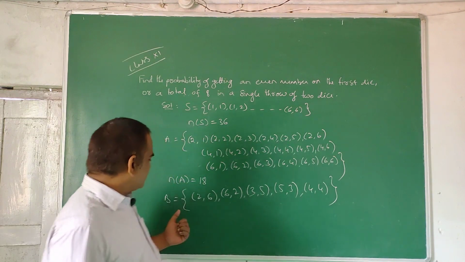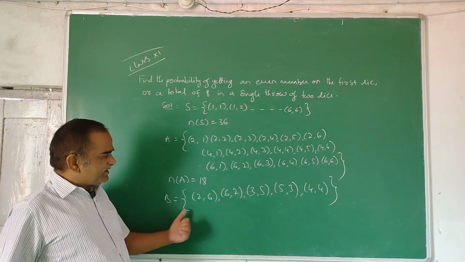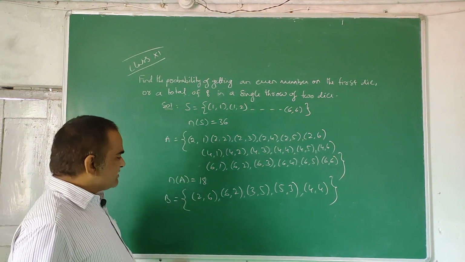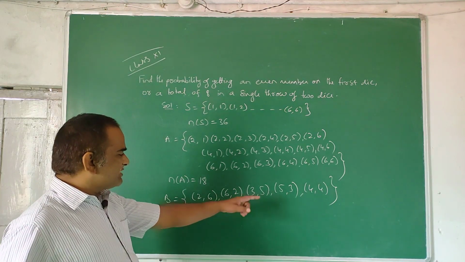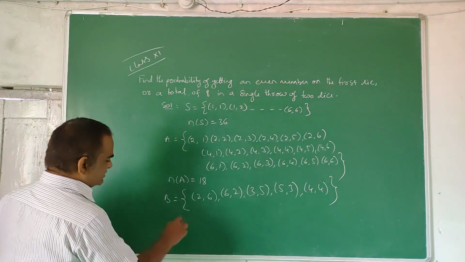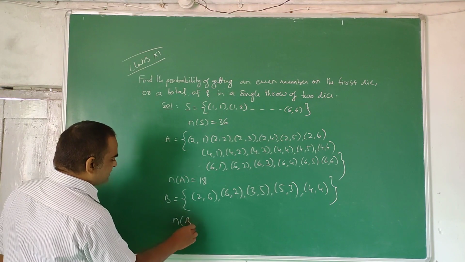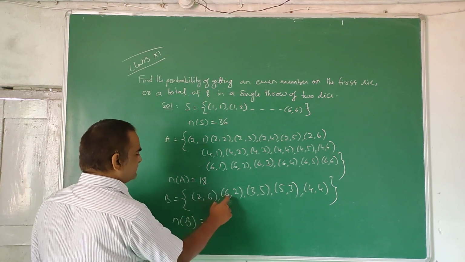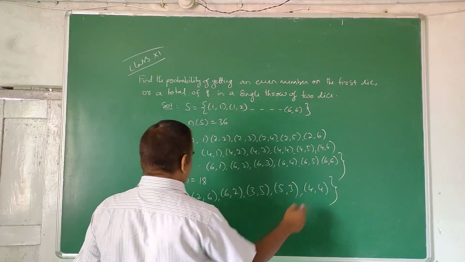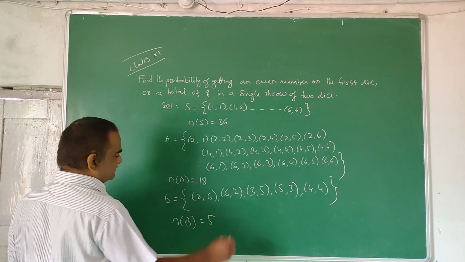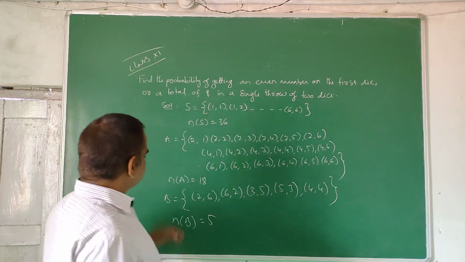These are the favorable outcomes for B. So n of B is equal to, how many are there? 1, 2, 3, 4, 5. So n of B is 5.